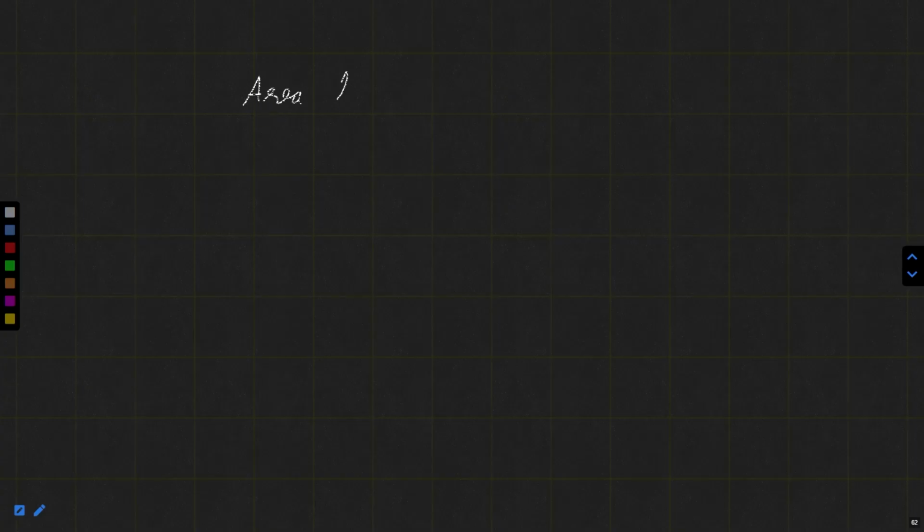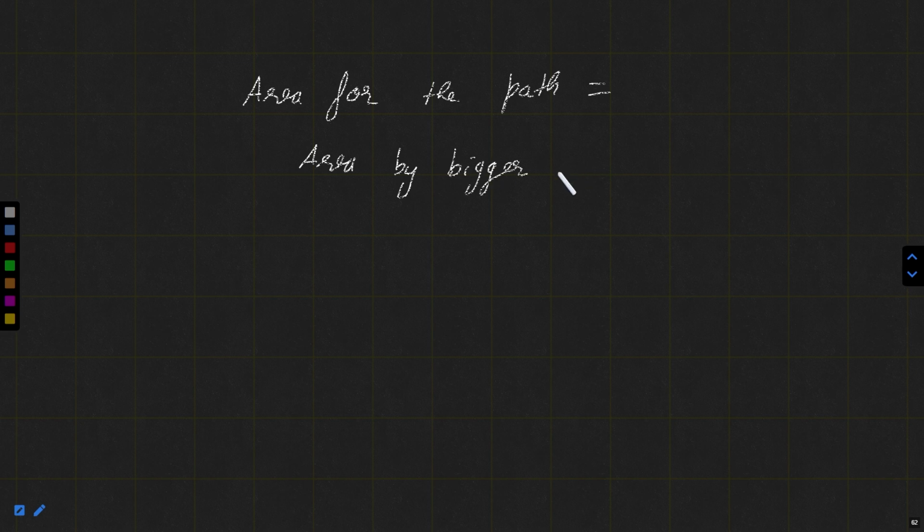the area of the bigger triangle minus the area of the smaller triangle. I hope this is clear.